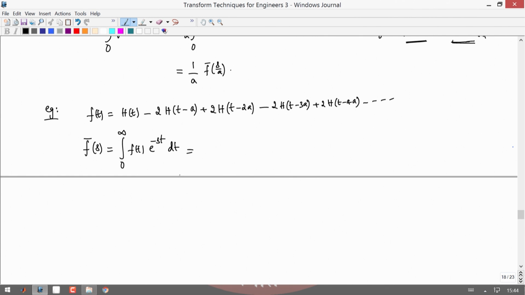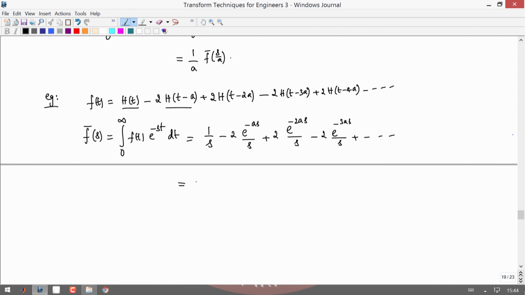If you do that, you can easily see that the Laplace transform of h of t is 1 by s, that is the first one. Next is 2 times the Laplace transform of h of t minus a, that is e power minus as divided by s. Again 2 times e power minus 2as divided by s, and next one is minus 2 times e power minus 3as divided by s and so on.